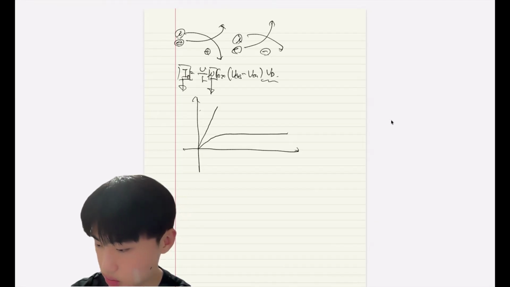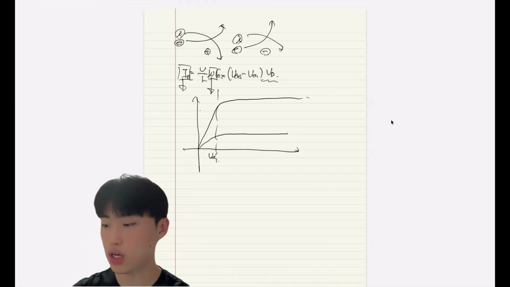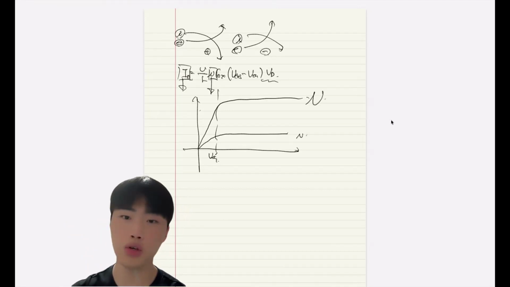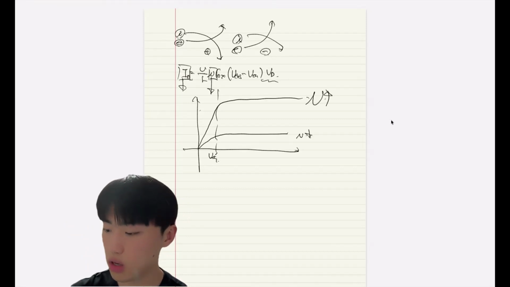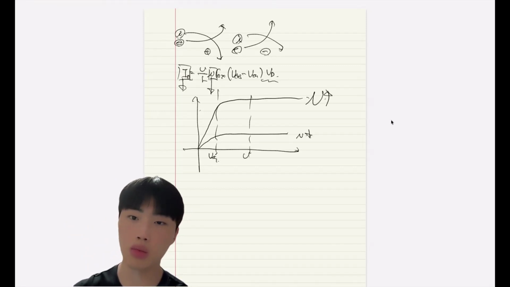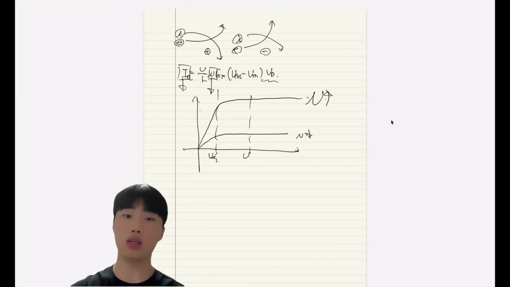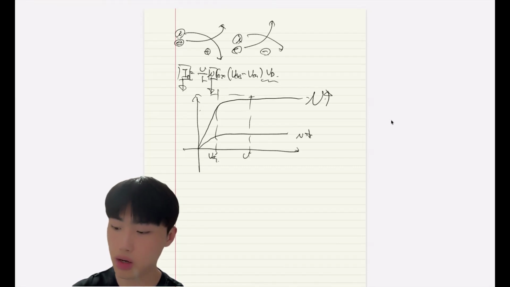With the same threshold voltage, this will be the mu and this will be the mu. So this is the higher mobility and this is the lower mobility. If you have the same voltage on the MOSFET, when there is higher mobility, there will be a bigger current flowing in the MOSFET.